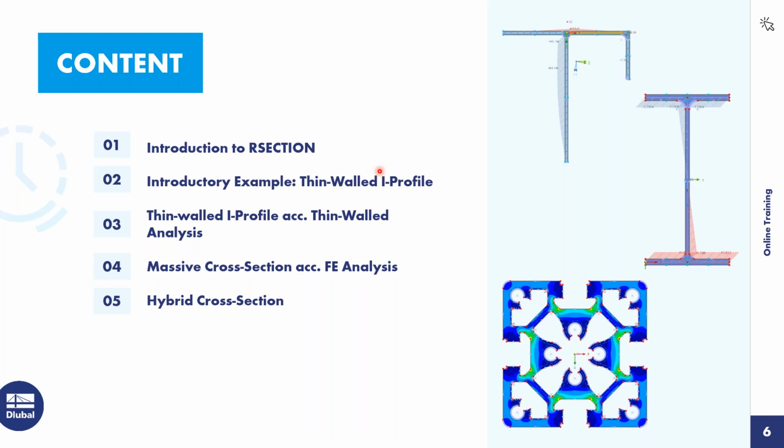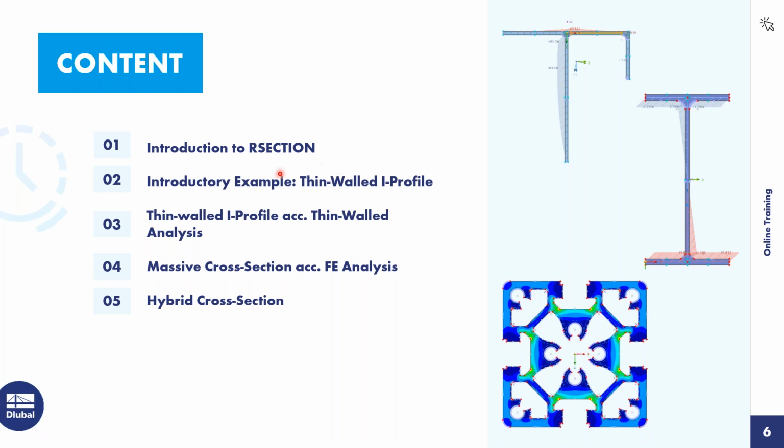Then we do together a kind of introductory example. We will model together a thin-walled I profile, and there we also see the calculated cross-section properties. We will also do a kind of cross-section classification and also apply some loads in order to see different results like bending, stresses, and so on.